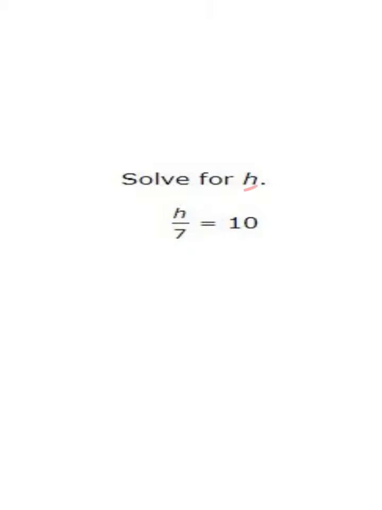Next problem, we're going to solve for h. So we need to isolate h by doing the inverse operation. Here h fraction bar 7. That's the same as saying h divided by 7. So the opposite of division is multiplication. I'm just going to do a dot to denote multiplication.